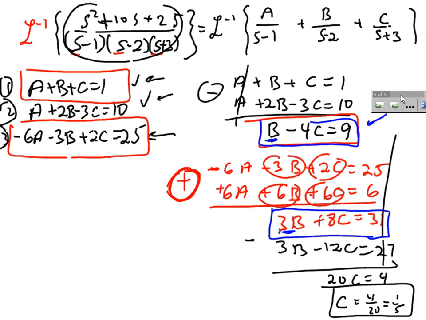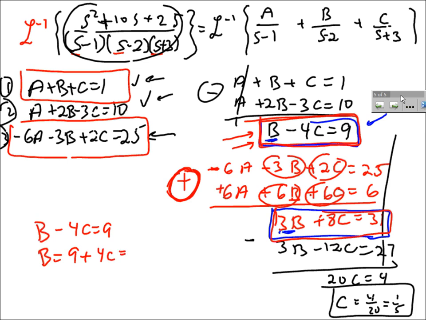And I will either use this equation to solve for b or this equation. Now since this one just has b, I'll use that. b take away 4c is 9. So b is 9 plus 4c. Now, if I multiply both sides by 4, I get 4c is 4/5.